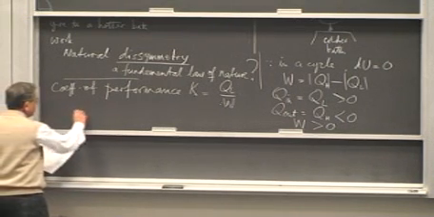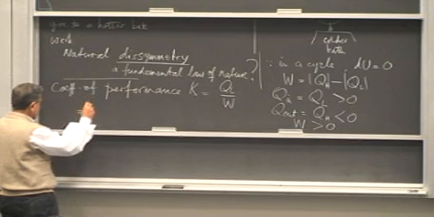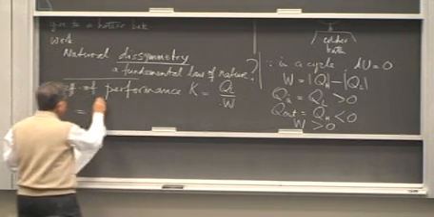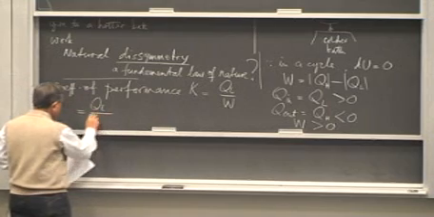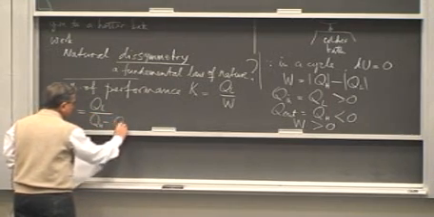And this is given in terms of, I could write this as QL over QH minus QL.